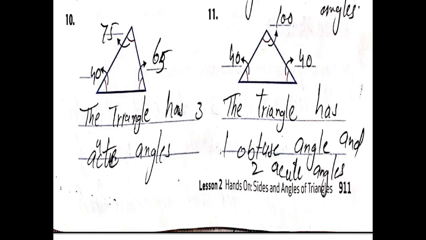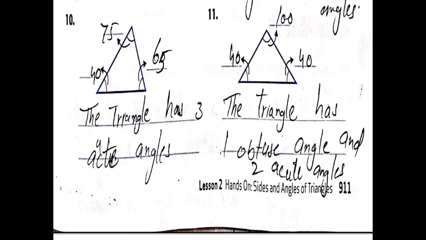Number 11. One angle is 100 degrees, the second angle is 40 degrees, the third angle is also 40 degrees. The triangle has 1 obtuse angle and 2 acute angles. Because one is more than 90 degrees, that is 100 degrees, and 2 are less than 90 degrees, they are acute angles.